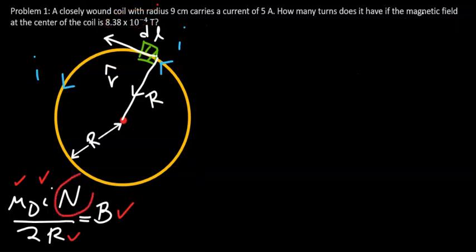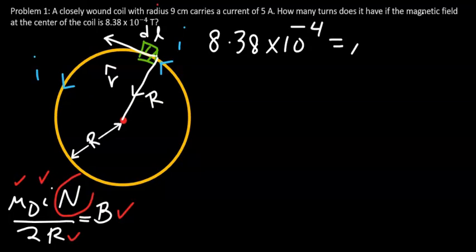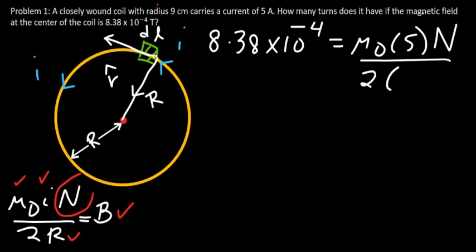Substituting this information, we get the following expression: 8.38 times 10 to the power minus 4 Tesla equals mu naught, I is 5 ampere, N is what you want to determine. Divide by 2 times radius, radius is 9 cm, convert that into meter, 0.09 meter, like that.